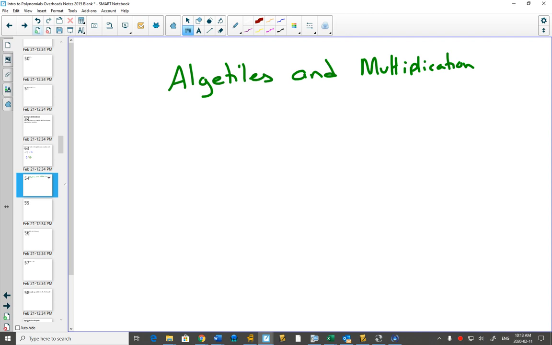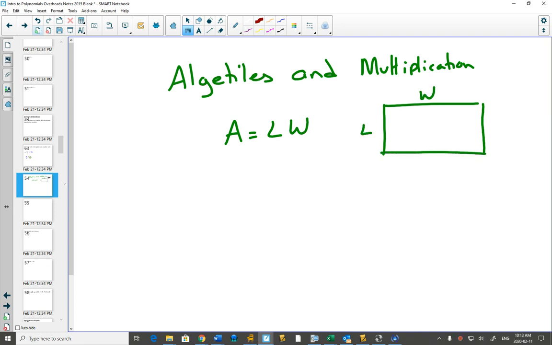When you're multiplying two things, the idea for algebra tiles is they make it like area. Remember that area of a rectangle is length times width. Do you remember that from our earlier work?